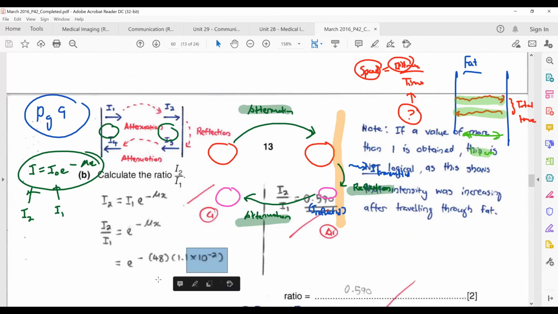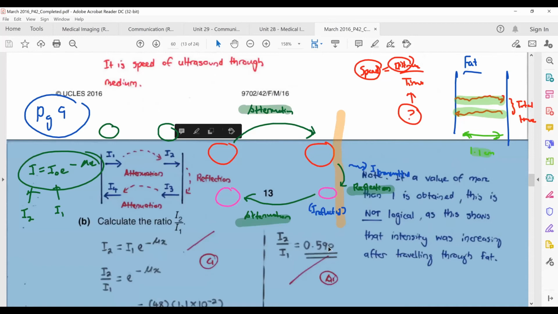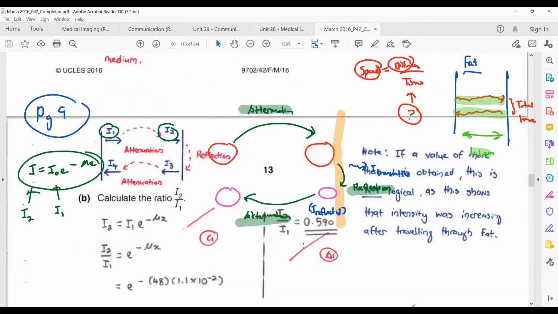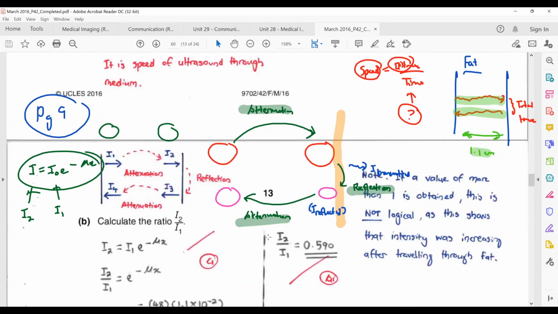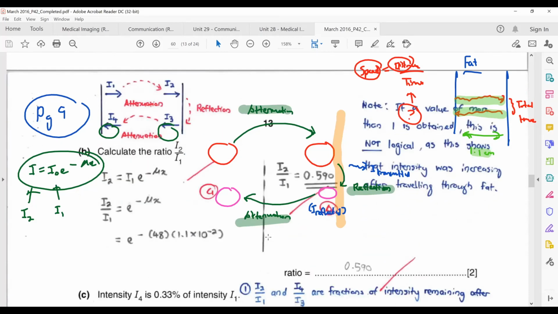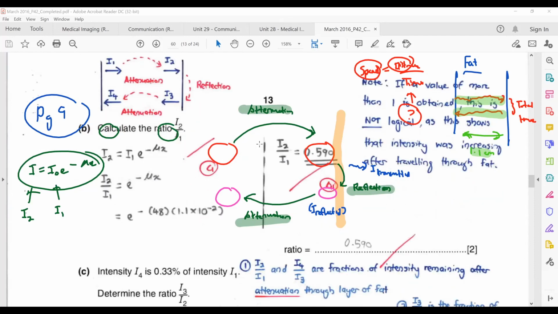Alright, so you change it so that the units are the same, so that they cancel off. So your final answer will be 0.590. Okay, so this is what you will get. Answer being 0.590.